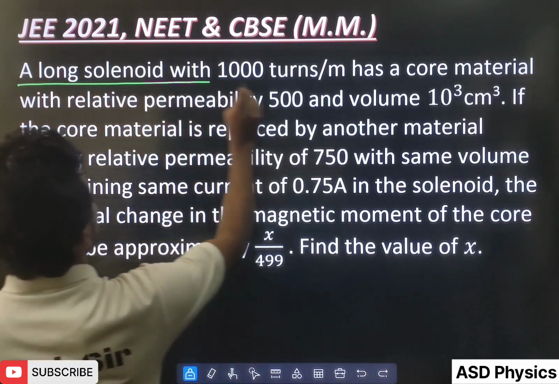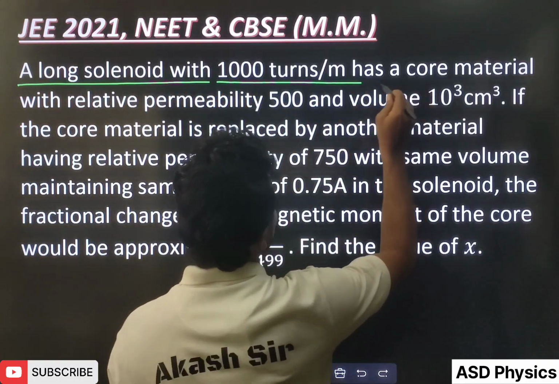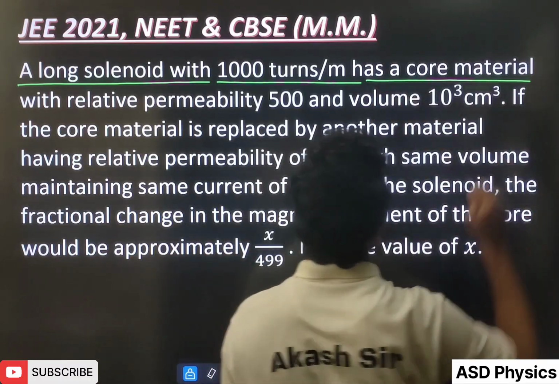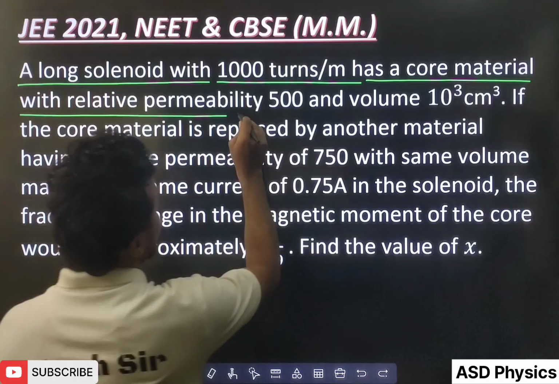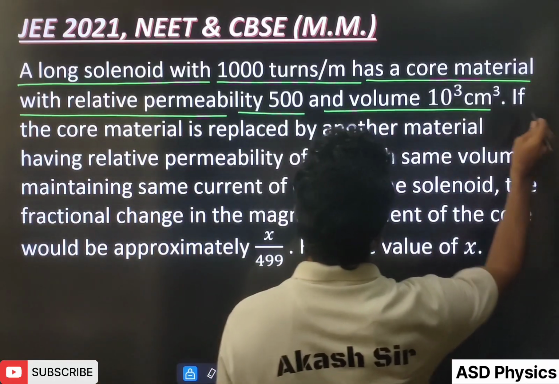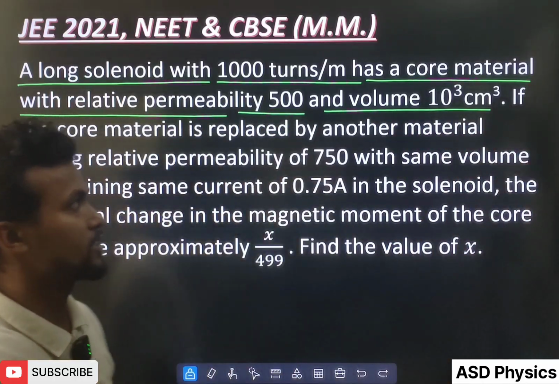Question is, a long solenoid with 1000 turns per meter has a core material with relative permeability 500 and volume 10 to the power 3 centimeter cube.